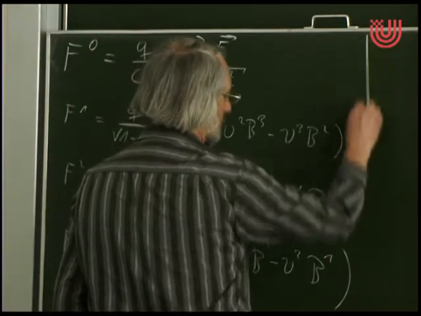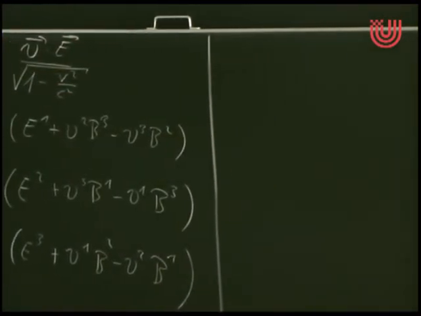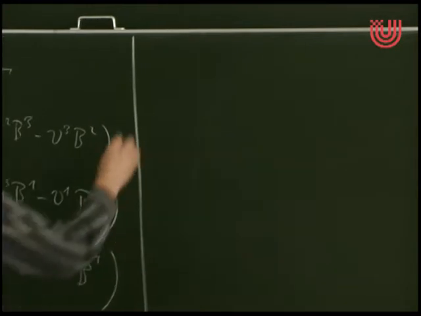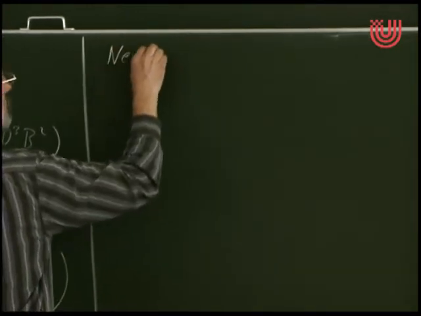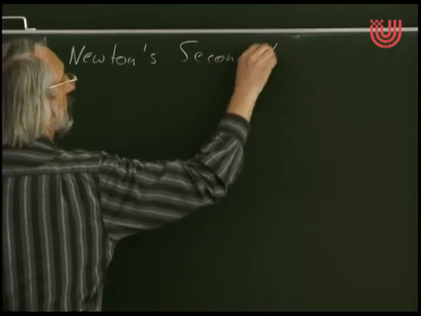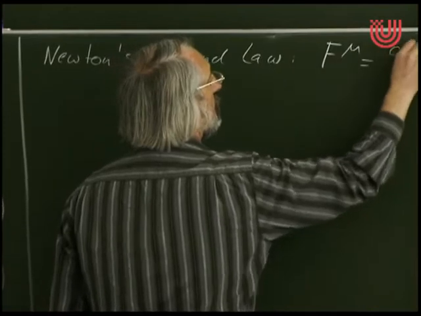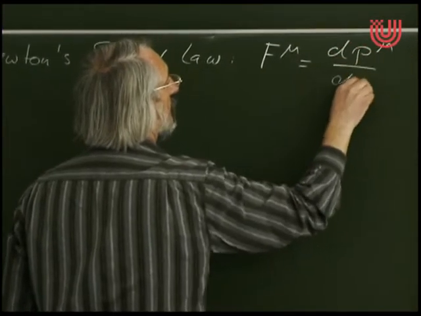So now let's combine this with Newton's second law. This is the force. So the force is just the left-hand side of Newton's second law, of course, a relativistic version. So this was F mu is dp mu by d tau.